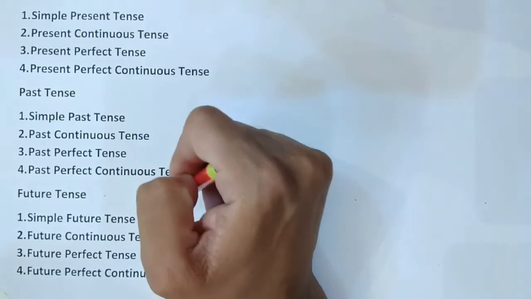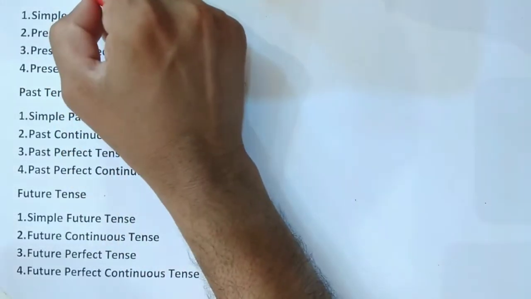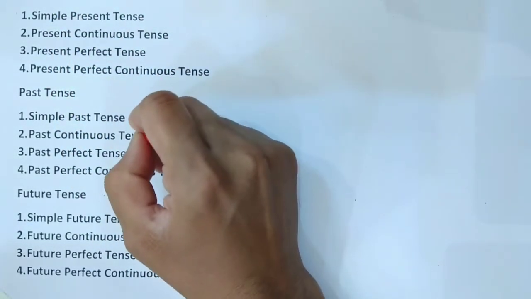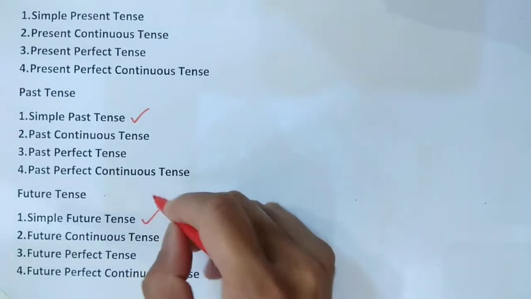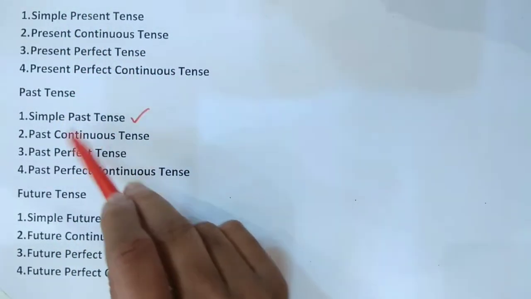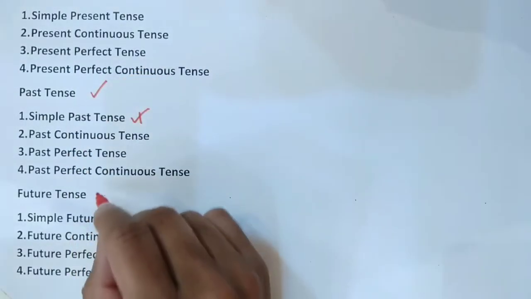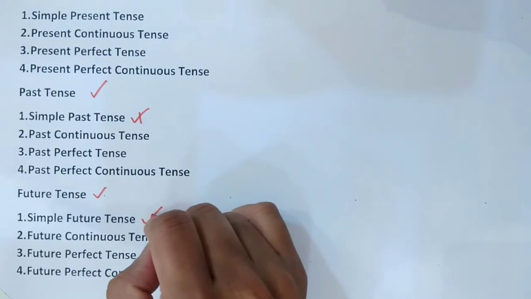Students, everybody knows we have three major types of tenses in English language. The first is present tense, the second is past tense, and the third is future tense.